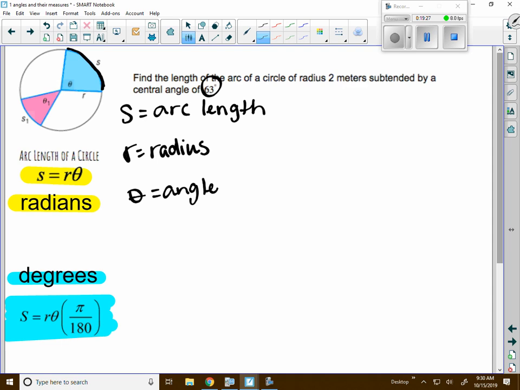But in this example, we're going to use this one right here. So I'm going to plug in my radius, which is 2. Theta, which is what? What's my theta? 63. And then my formula has the pi over 180.